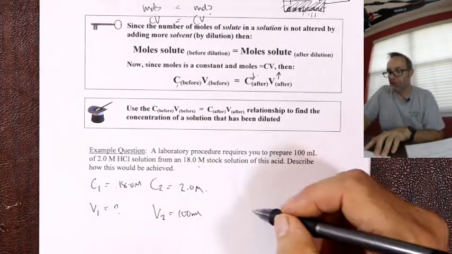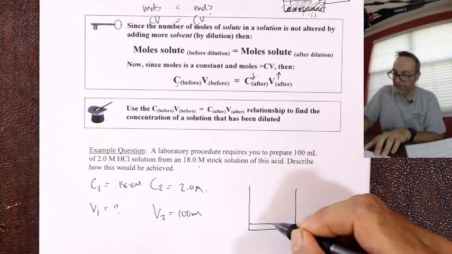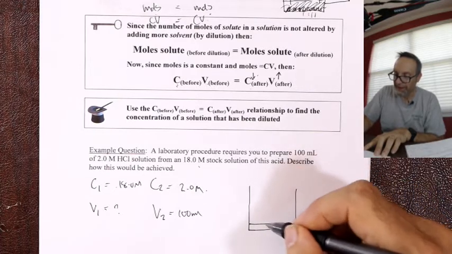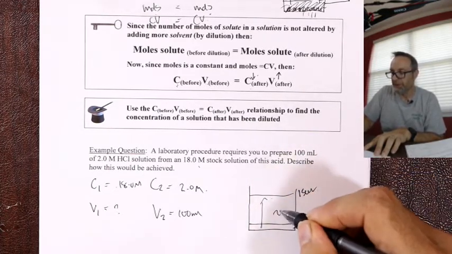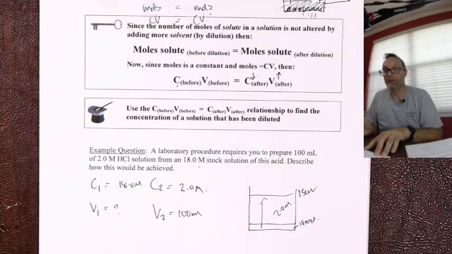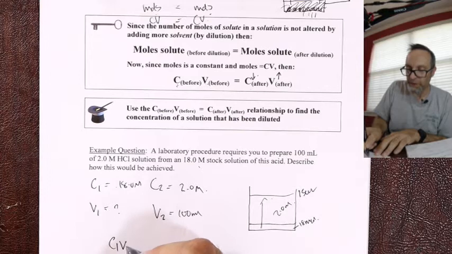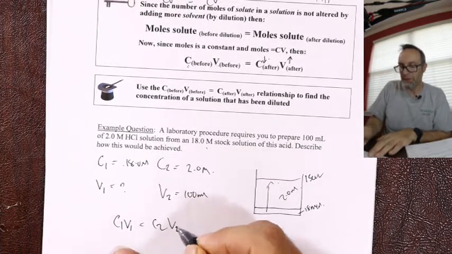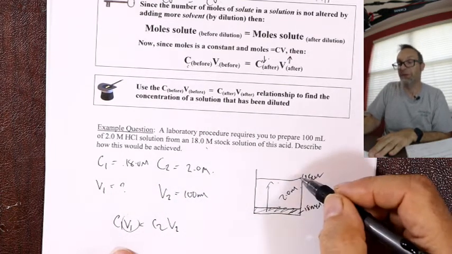Okay, so what we're going to do, if I draw a picture, we're going to put a little bit of 18 moles per liter in there, and then add water to make it up to 150 milliliters, okay? And we want that final solution to be 2 moles per liter. Well, think about that, yeah? Because C1V1 equals C2V2, and we want volume 1, the amount we start with, to make it up to the line, right?